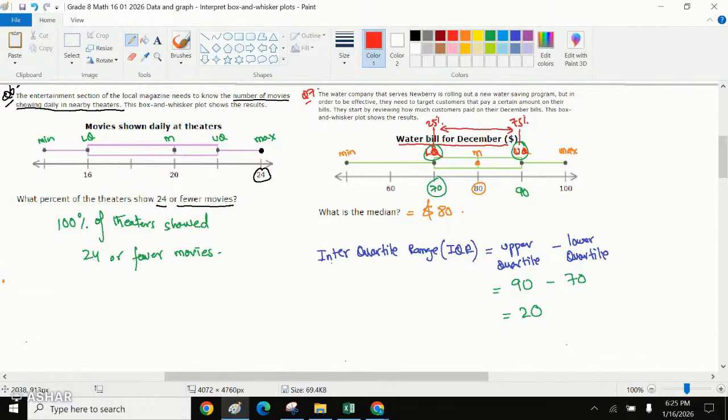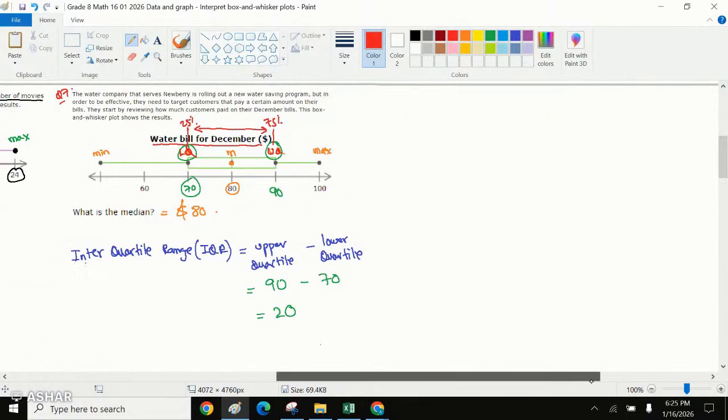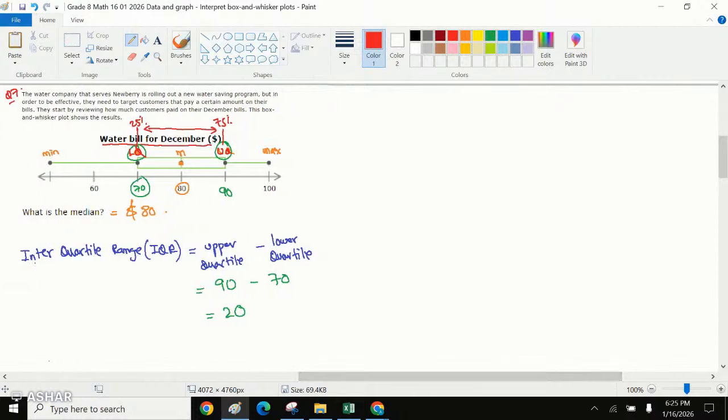That is known as interquartile range. So whenever they use the word interquartile, we will try to find upper quartile minus the lower quartile. Agreed? Thank you. Let's try another and let's try to add more parts to it.